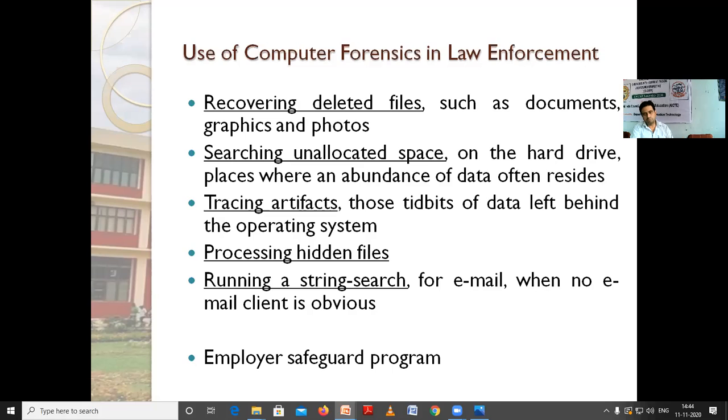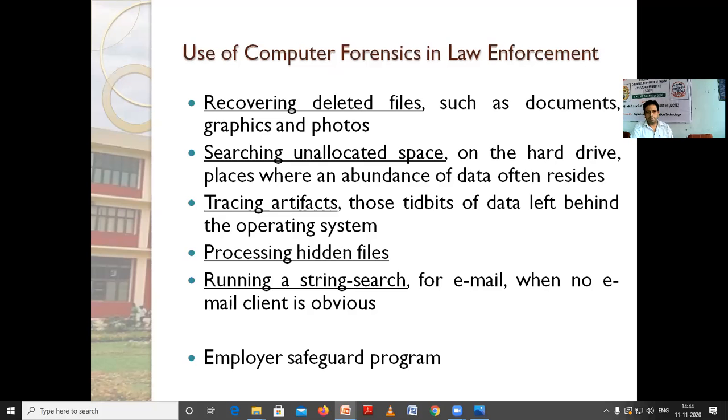Either we are able to recover them using some open source tools discussed in the previous session, or we design new applications, or utilize some practices upon the existing platform so that we are able to recover the deleted files like documents, graphics, and photos.